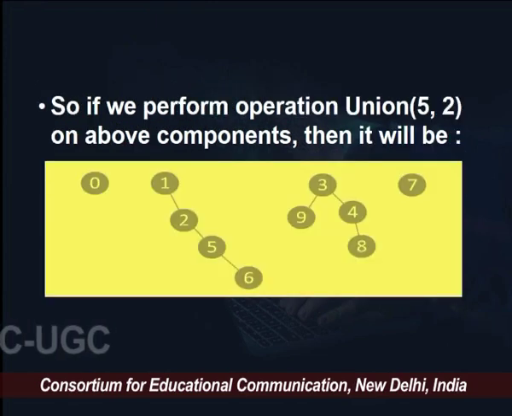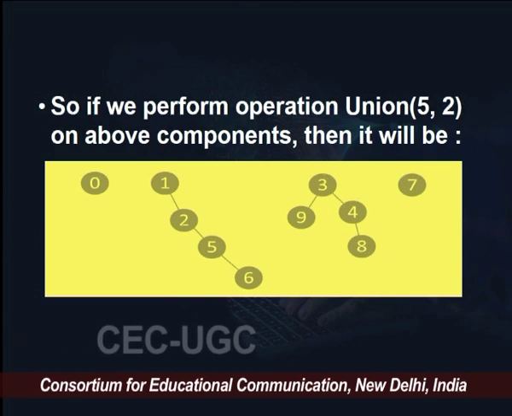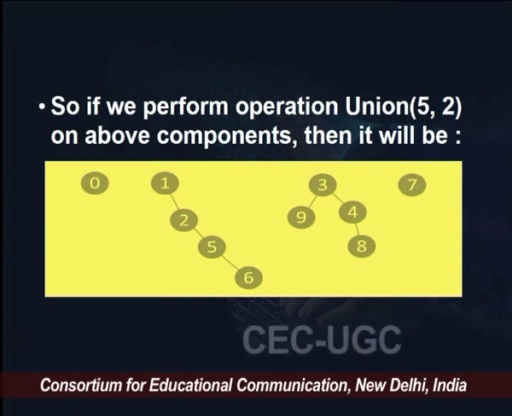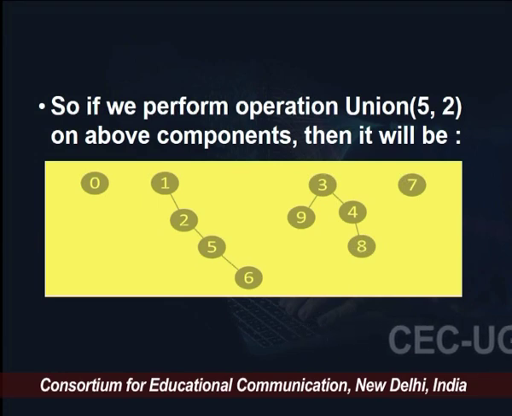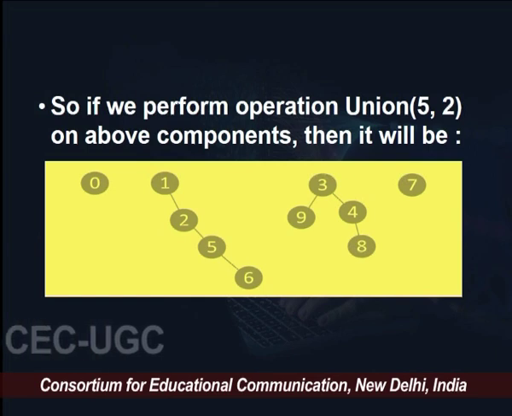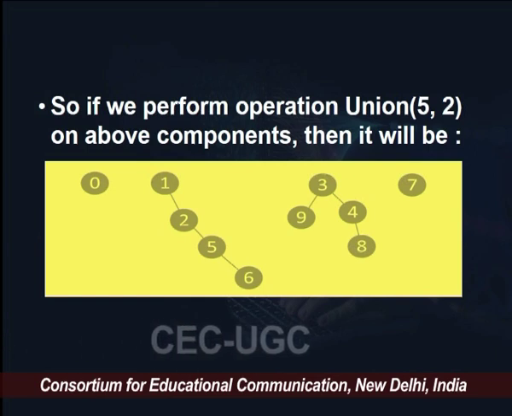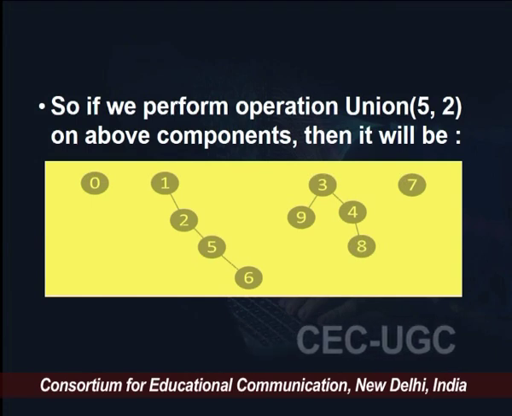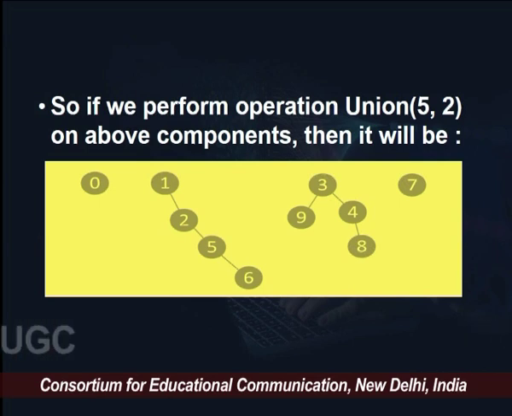So, if we perform, let us say within that set, union 5 comma 2 on the above components, then it will be 1, 2, 5 and 6 in one component, 7 is a different component, so is 0 a different component, and 3, 4, 8 and 9 form one single component.